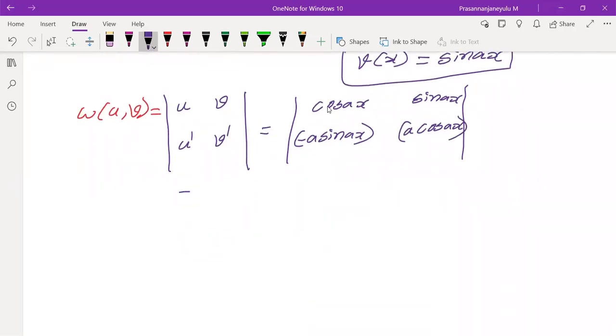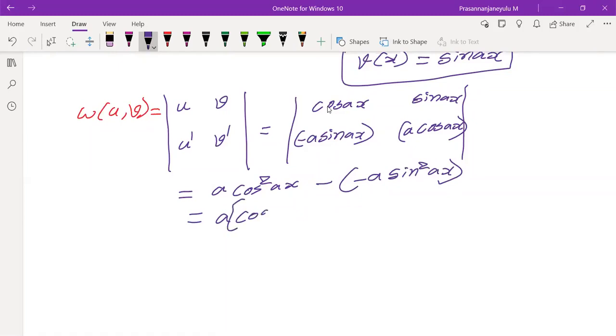If we find the determinant of a 2 by 2, a b c d, ad minus bc, so a cos square x minus of minus a sin square x. If we do the simplification, we get a cos square... can I take a common from both the terms?